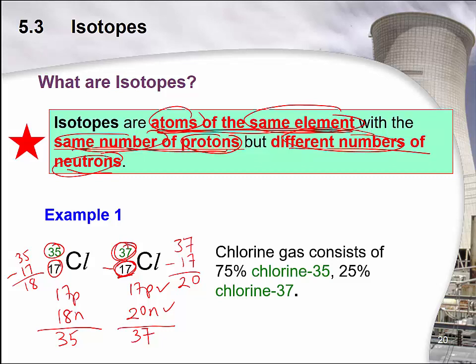They both have 17 protons, but chlorine 35 has 18 neutrons, while chlorine 37 has 20 neutrons. And in fact, chlorine gas in the atmosphere is 75% of chlorine 35 and 25% of chlorine 37. So chlorine 35 is more abundant as compared to chlorine 37 in a ratio of 3:1, 75% to 25%.